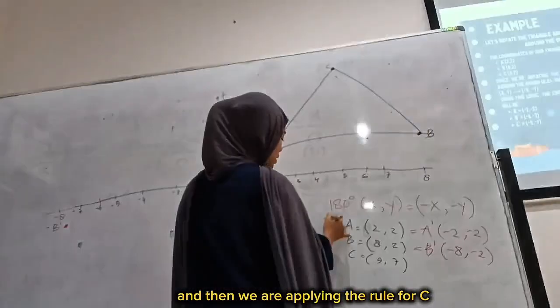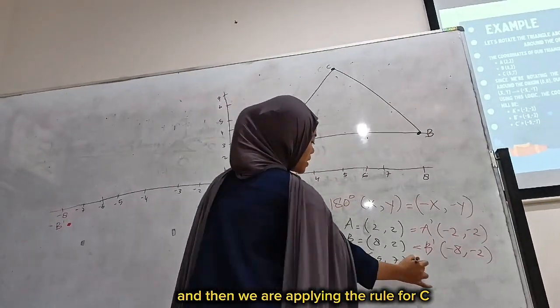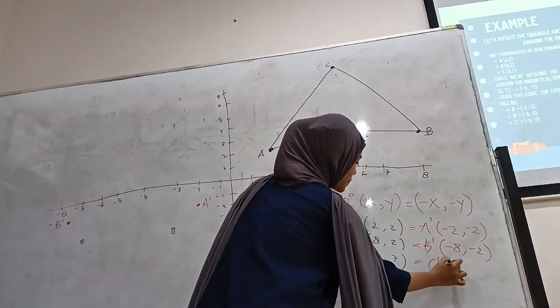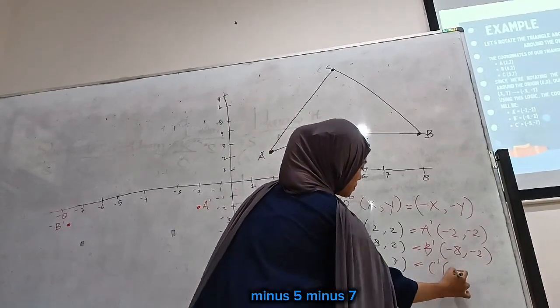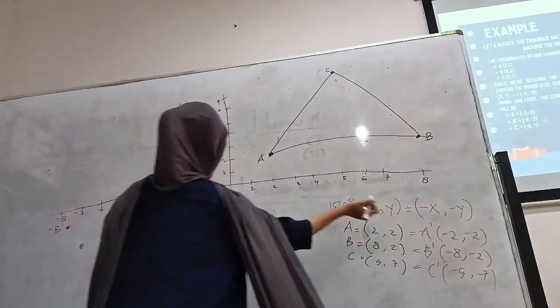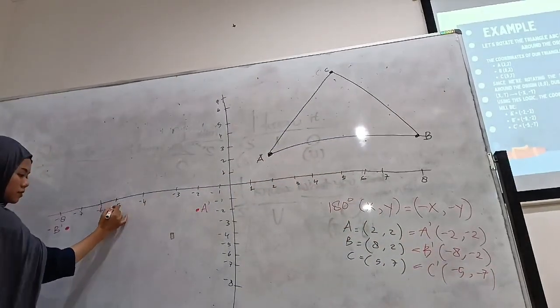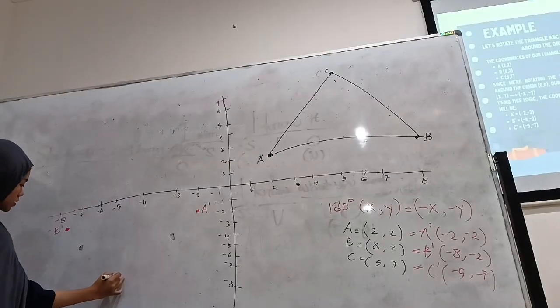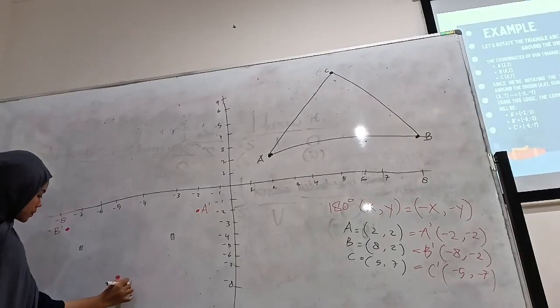And then we apply the rule for point C. C prime is (-5, -7). Where is it? (-5, -7). Yes.